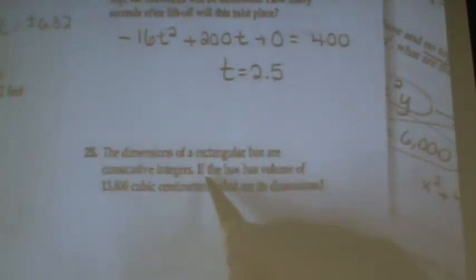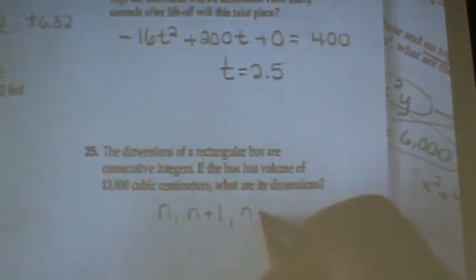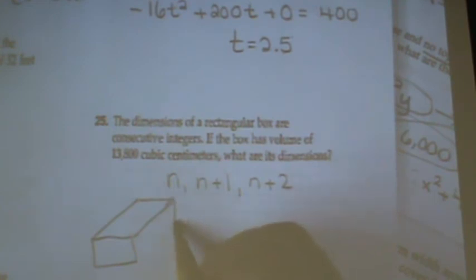Number 25, it says the dimensions of a rectangular box are consecutive integers, and then it talks about the volume. Well, consecutive integers are n, n plus 1, and n plus 2. So if you have a rectangular box, they're saying that one side is n, another side is n plus 1, and the other side is n plus 2.